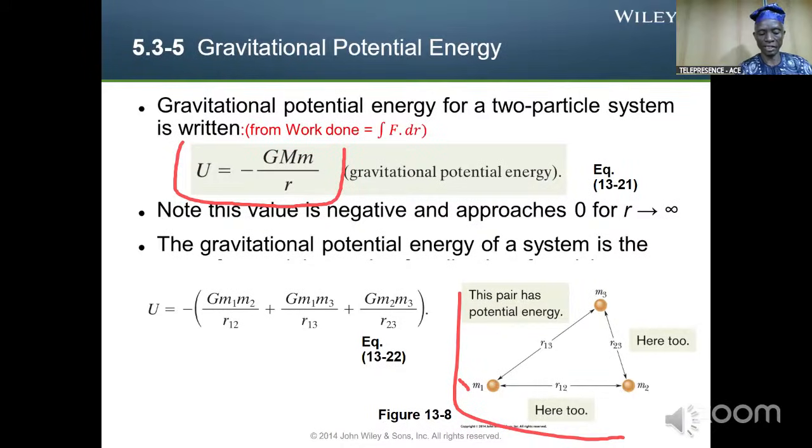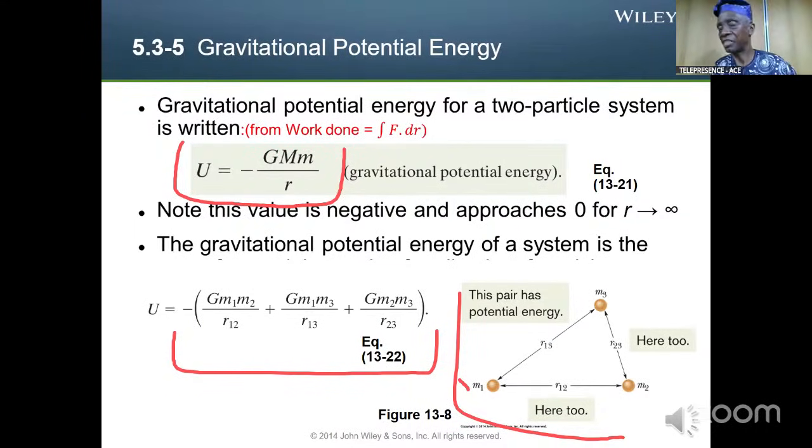And you can see the equation here. Everything is just G, M1, M2, all over the distance between them. Just add, and in this case, it's a scalar. No complication, just add the values, and you get the potential energy. So that is clear. The gravitational potential energy is between two-particle systems. If you have a lot of particles, you calculate for each pair, and you add together like a scalar.